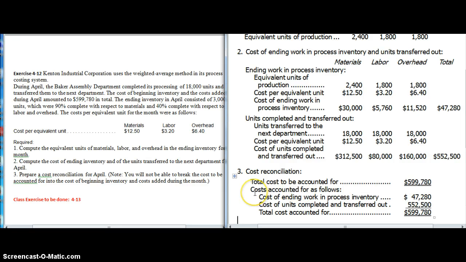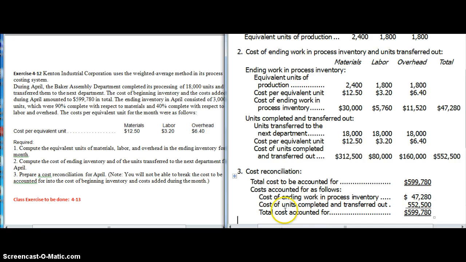Now you have to do the reconciliation. You will write down cost accounted for as follows. First, you bring down the cost of ending work in process which you calculated in step 1, which is $47,280.